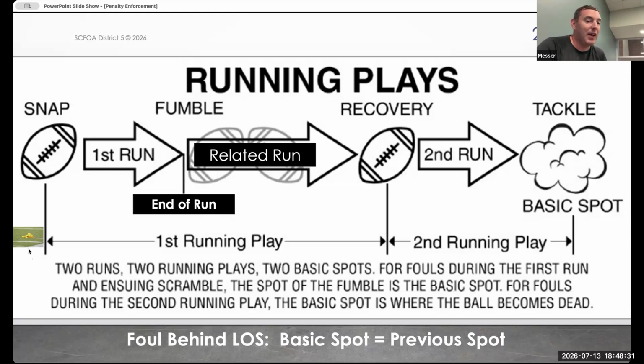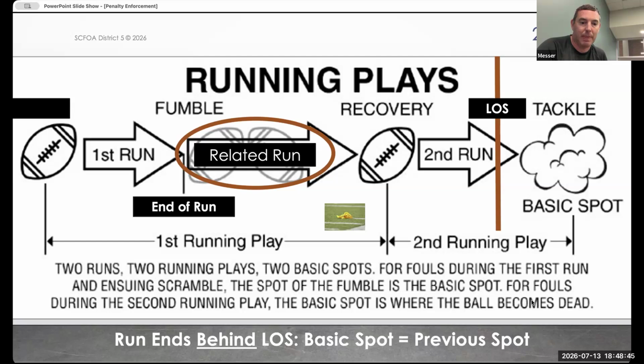If this foul is committed by B and team B ends up getting possession here, have they got the ball with clean hands? No. So you're going to go with previous spot. Again, line of scrimmage is here, all this stuff happens, the run ends behind the line of scrimmage, showing basic spot is the previous spot.